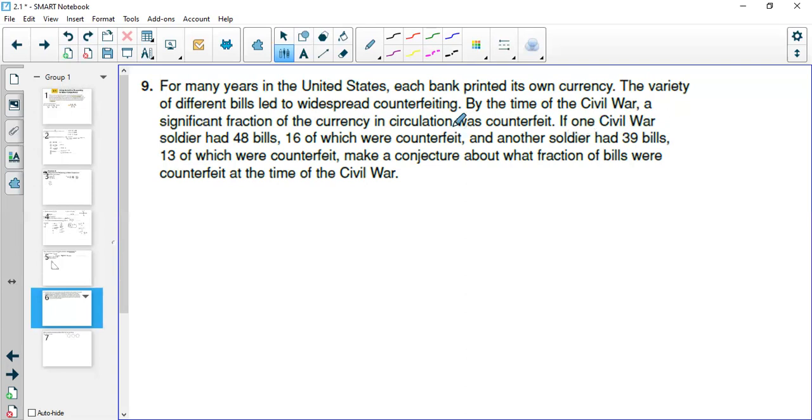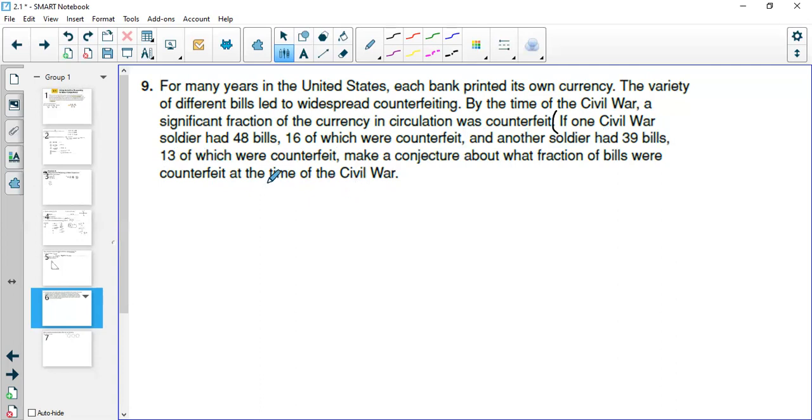If one Civil War soldier had 48 bills, that means 48 dollars, like the money, but in paper, and 16 of which are counterfeit. Counterfeit means fake, or not original. And another soldier had 39 bills, 13 of which were counterfeit. Make a conjecture about what fraction of bills were counterfeit at the time of the Civil War.